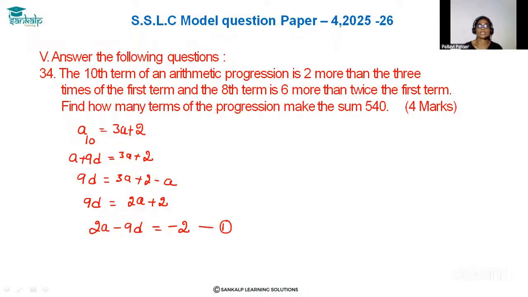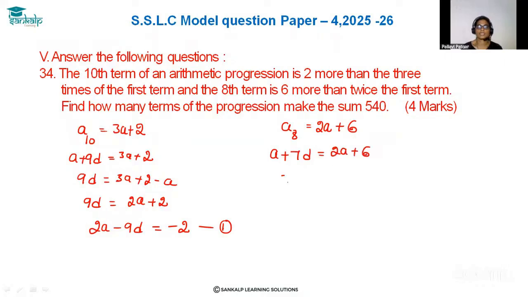Next, what have they said? The 8th term is 6 more than twice the first term. The 8th term in terms of A and D is A plus 7D, which is equal to 2A plus 6.